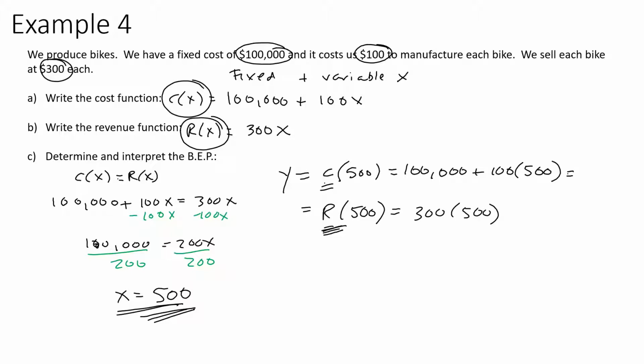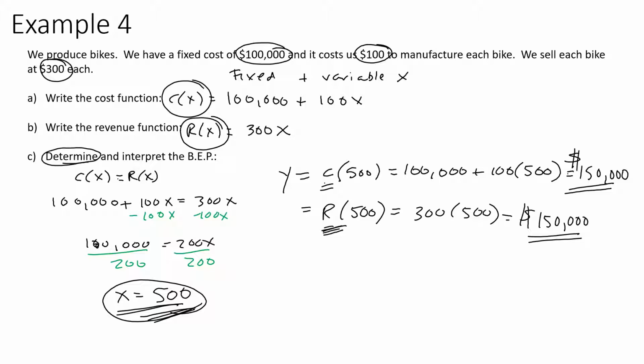And so if I do 100 times 500 plus 100,000, that gives me 150,000. And this is dollars. And then 300 times 500 is also 150,000. So you can see that at 500, that's the break-even point, and that ensures that the cost and the revenue are the same. So that's determining the break-even point.